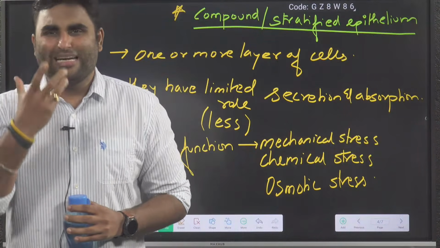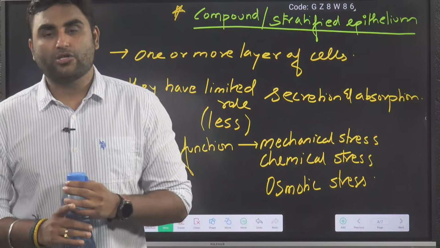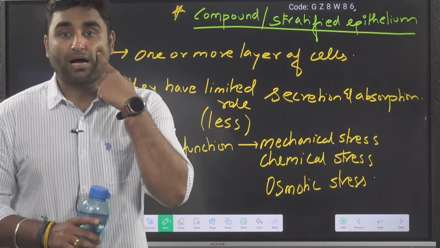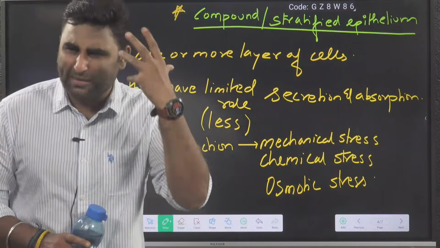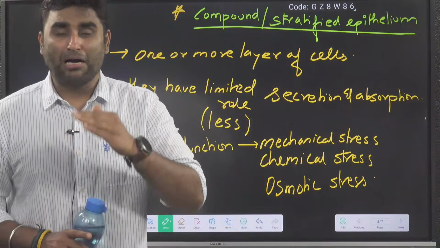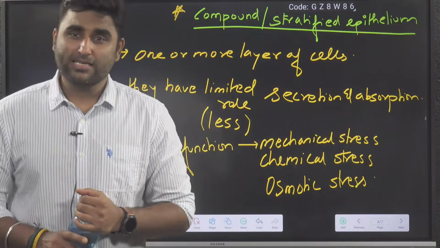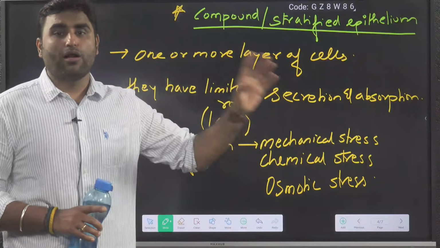Similarly, inside, when you are eating, food is passing. Yes or no? So a single inner lining is also not enough, especially in your buccal cavity, pharynx, and esophagus, when you are swallowing, chewing and biting the food particles. For that you need multiple layers. So you have compound or stratified epithelium: one or more layers of cells.